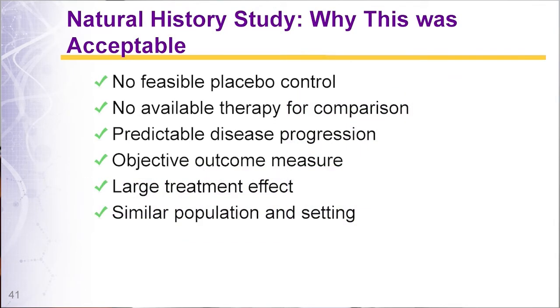Referring back to the slide that Jinma showed, the use of external controls is most persuasive when certain criteria are met. In particular, this study was acceptable to the FDA because there is no feasible control. Specifically, due to ethical concerns and significant support for efficacy preclinically, there was no feasible control. A large treatment effect was also expected.